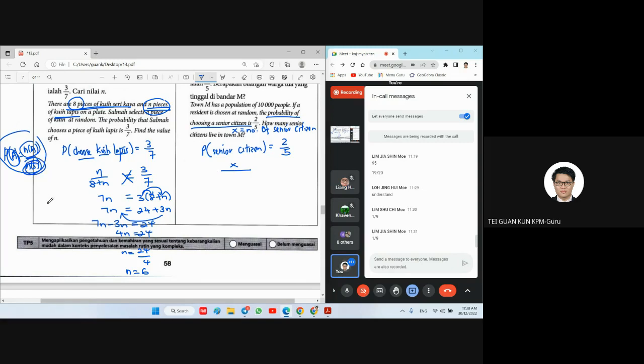The total, how many? The population, 10,000. Altogether there are 10,000, equal to 2 over 5. So you need to know how to write this. The probability of a senior citizen is equal to 2 over 5. This is given. The probability of a senior citizen is equal to the number of senior citizens divided by the total population.